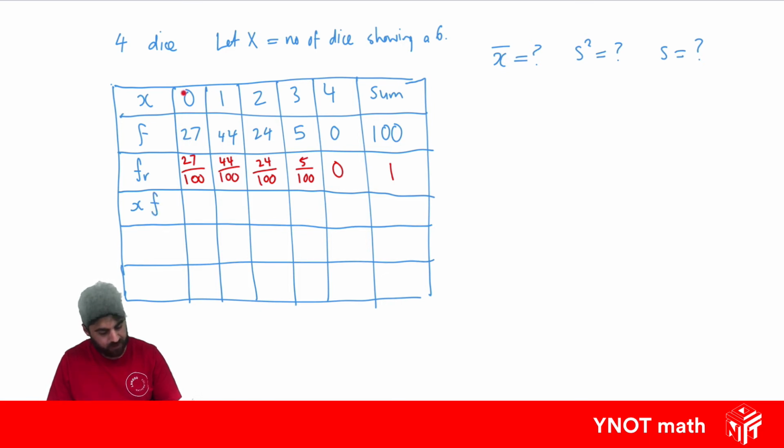So 0 times 27 is 0. 1 times 44 is 44. 2 times 24 is 48. 3 times 5 is 15. And 4 times 0 is 0. And adding those all together gives us 107.